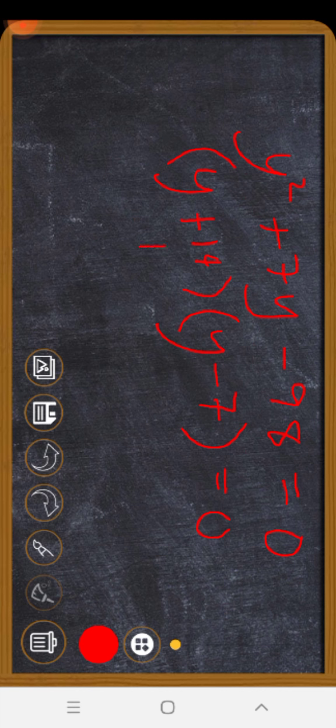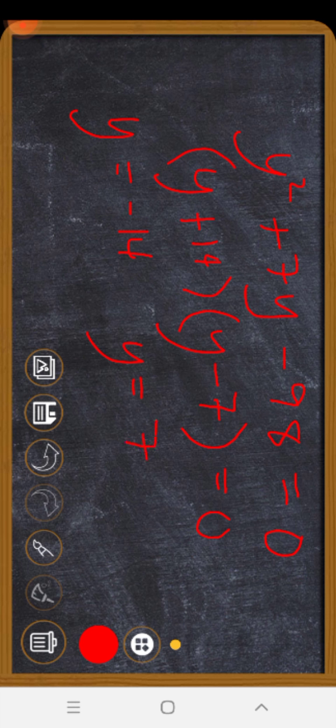So we can apply the zero factor theorem, equating this binomial to 0 and equating this binomial to 0. So we have y is equal to negative 14 and the other answer is y is equal to positive 7.